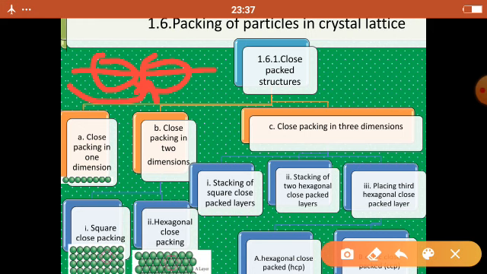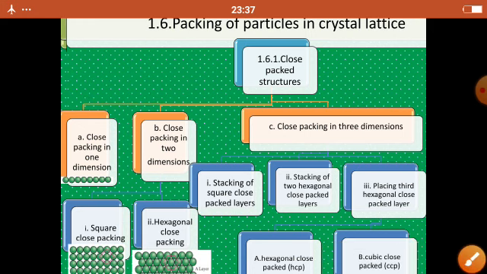Then I find that the first row and the third row spheres have the same alignment, and the second row and the fourth row spheres have the same alignment. Suppose the first is A, the second row is B, in the same way the third will be A, the fourth will be B. This type of packing is called AB type two-dimensional packing.